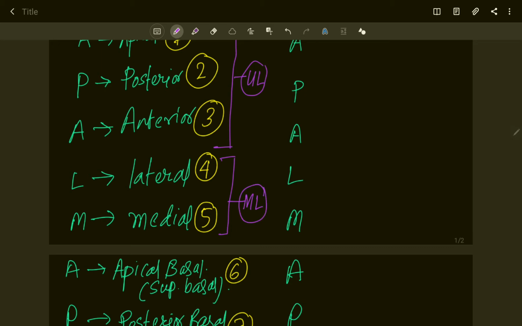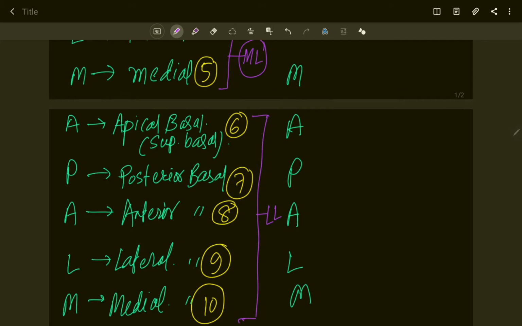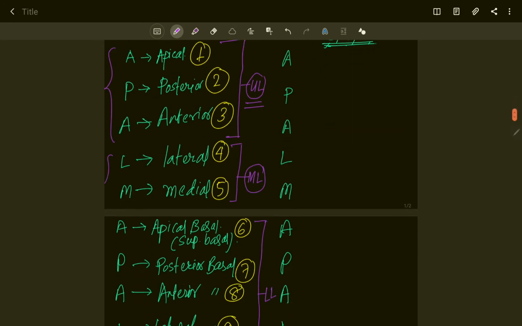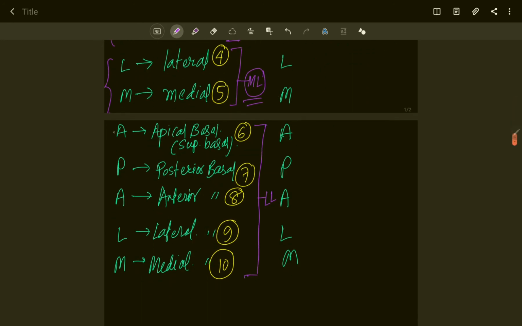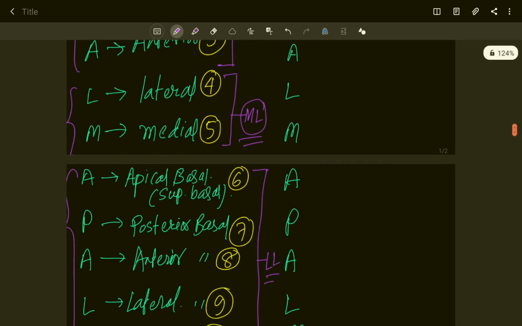And the last 5 are obviously in the lower lobe of your right lung. So your right lung has 10 bronchopulmonary segments: 3 in the upper lobe, 2 in the middle lobe, and 5 in the lower lobe. So what is a bronchopulmonary segment? They are the smallest surgically resectable structures within your lungs that contain tertiary bronchi.